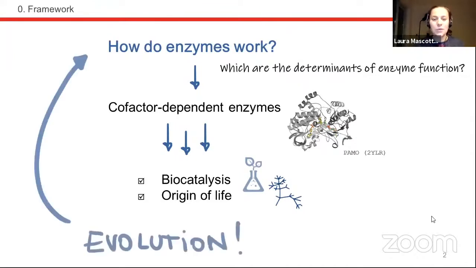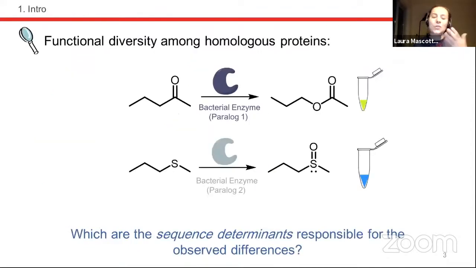So how do we approach these questions? We do it by including evolutionary biology. Let me show you a toy example. Usually in the lab, when we perform biocatalysis, we observe functional diversity among homologous proteins. For example, if we have one enzyme from a bacterium, which we call paralog 1, it is able to perform the oxidation of a ketone to the ester.